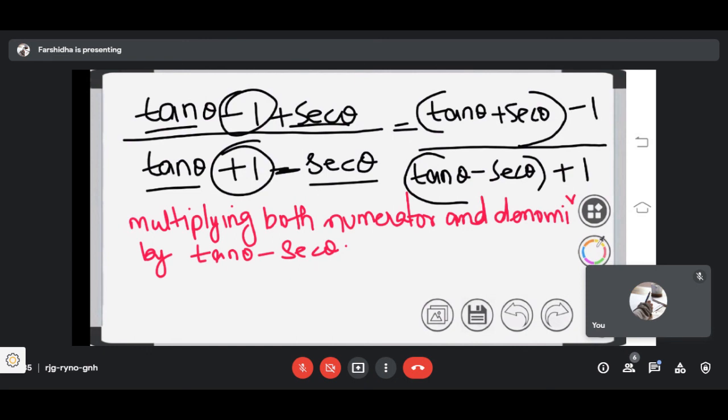Multiplying both numerator and denominator by tan theta minus sec theta. See what happens. So now we reached tan theta. I'm writing the same thing down. Tan theta plus sec theta minus, okay, I'll write it in a new page. Copy down first.